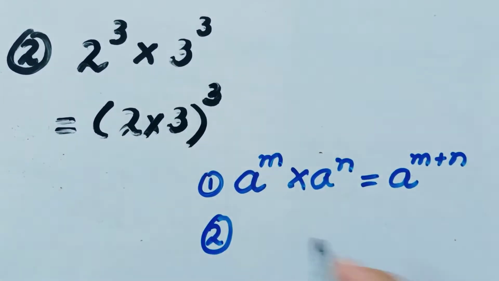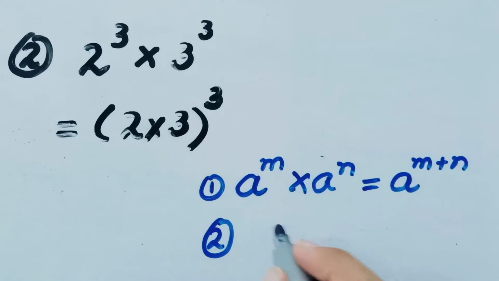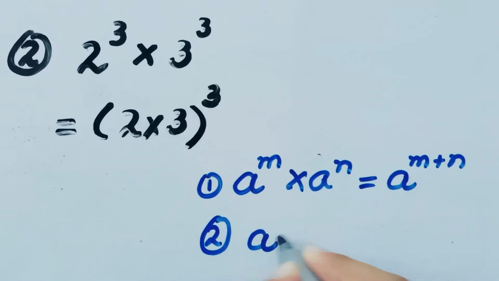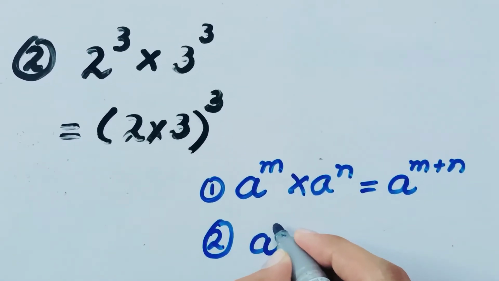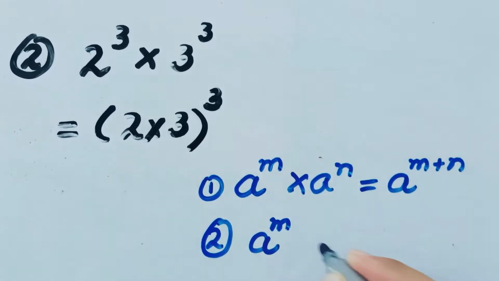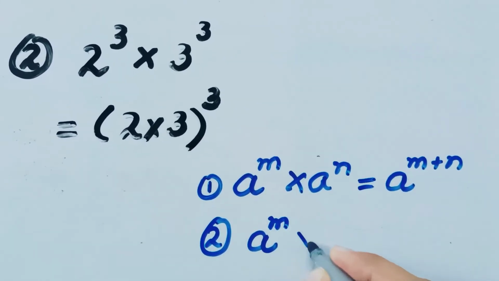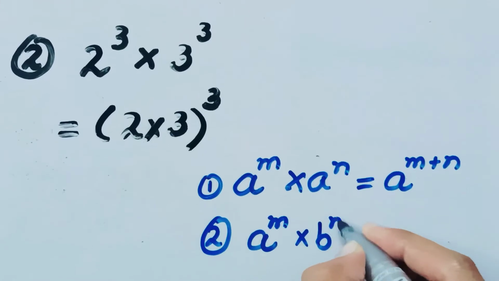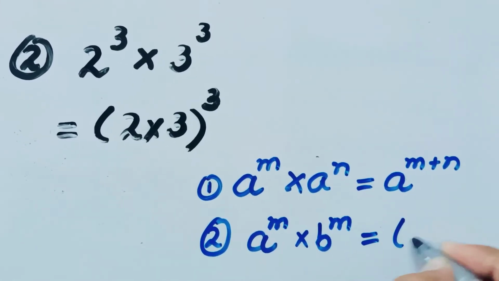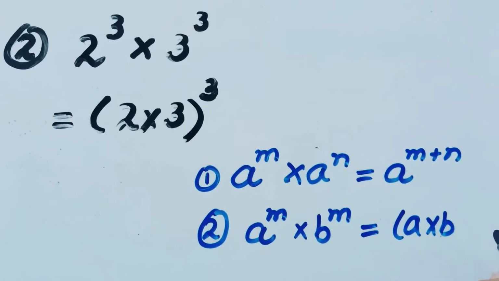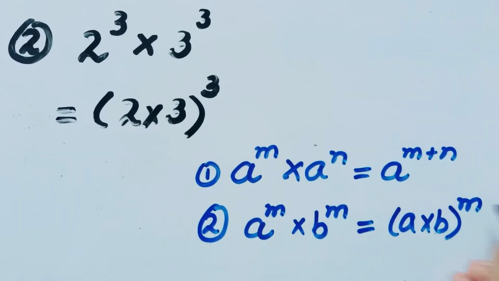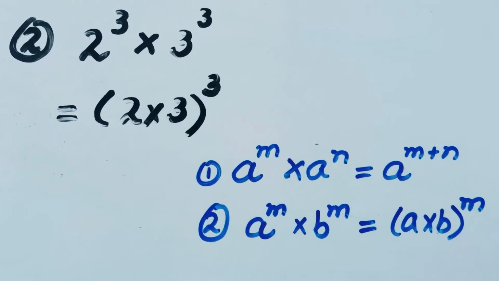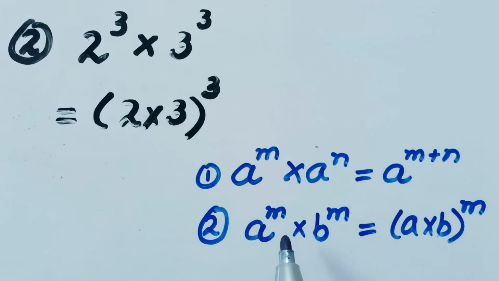In our second product law of exponents, we will have different bases. In this case, our exponent will be the same, b raised to power m. Then simply we will multiply our bases and then take the power as a whole. These two are our product laws.